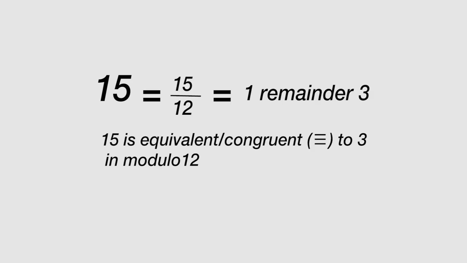Now, our interest in modular arithmetic is the remainder and not the quotient. The modulus we are working in becomes the divisor. For example, to find a number in mod 4, we divide the number by 4 and write down the remainder as the answer.